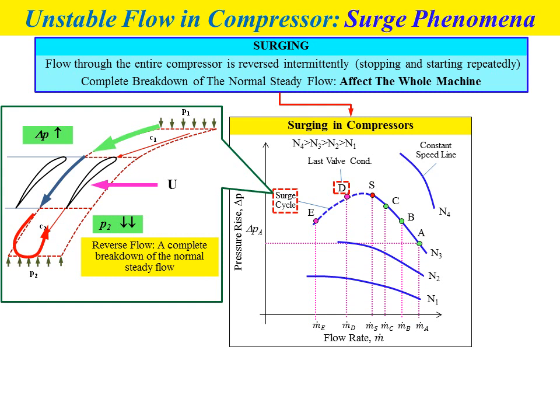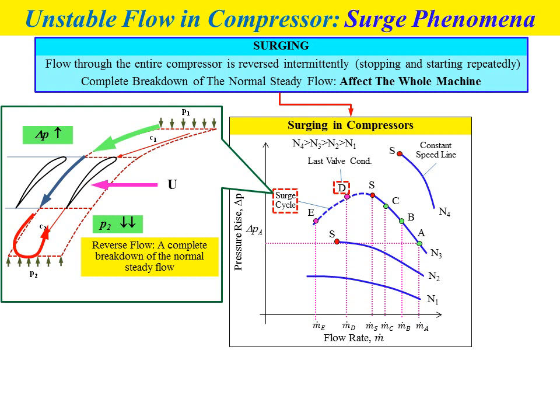So this process will keep repeating if we do not change the parameters of the operation condition. This is the basic of surging, where reverse flow occurs during the compression process.